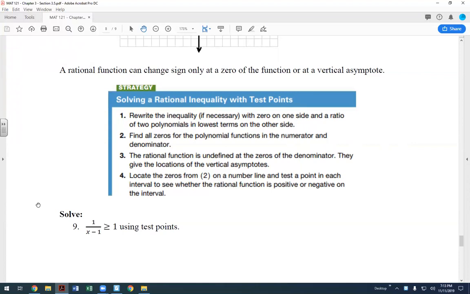Then we take our numerator and denominator separately and find the zeros for both. One of them will give us the x-intercept. The other one will actually give us the vertical asymptote. So the numerator gives us the x-intercept, the denominator gives us the vertical asymptote, and we have to take both of those into consideration. And then from each interval, just like we did with other ones, we pick our test points and see where our graph is positive or negative.